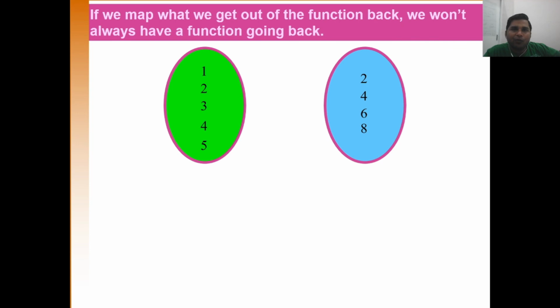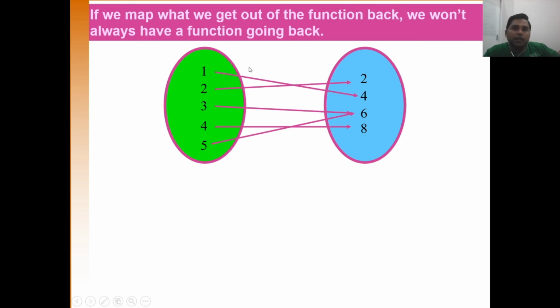If we map what we get out of the function back, we won't always have a function going back. Let's see. Here we are doing the mapping diagram, and as you can see, for the values of x, 3 and 5, you are getting only a single y, which is 6.